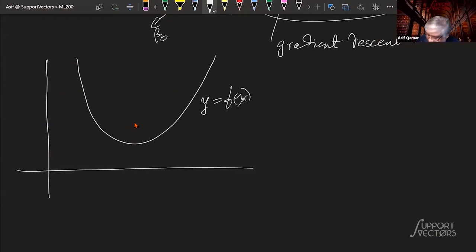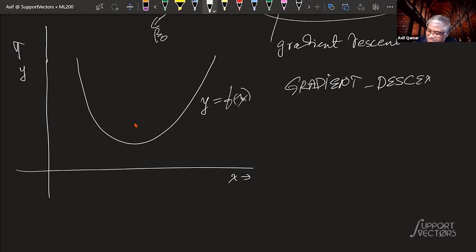This is your x-axis and this is your y-axis. I want to explain the basic intuition of gradient descent, and I'll move a little faster because we have done this before. Gradient descent is a way to start from any random point and reach this destination.